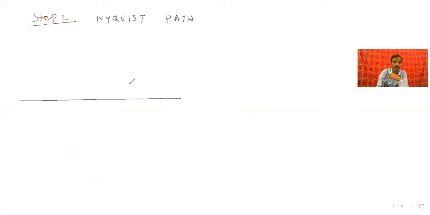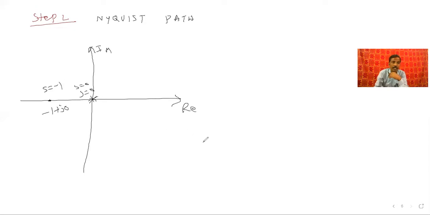This is the real axis, this is the imaginary axis. At the origin, 2 poles, s equals 0, s equals 0, and the minus 1 plus j0 point. This is the minus 1 plus j0 point. s equals minus 1, another pole.